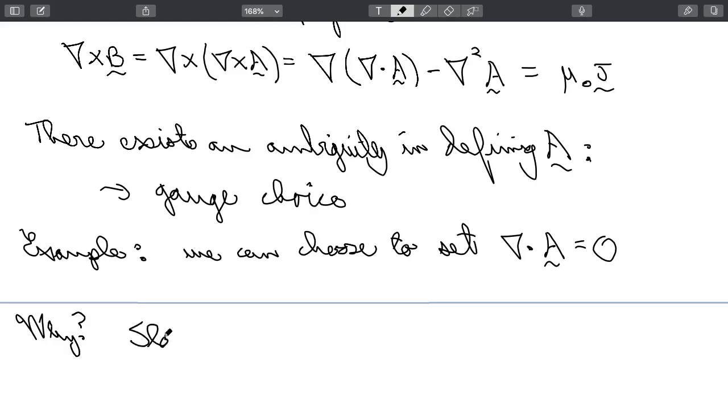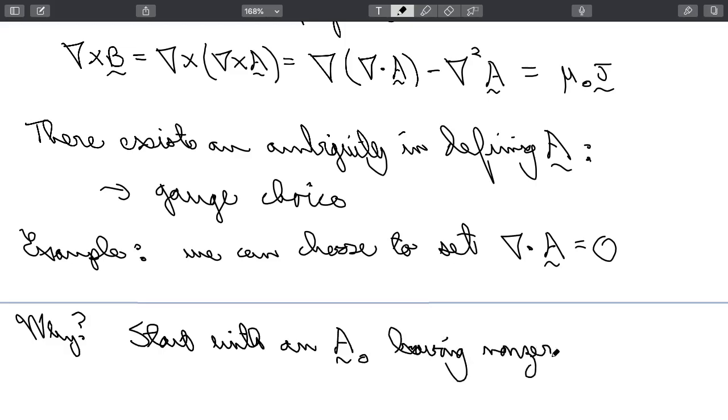So start with an A0 having non-zero divergence.